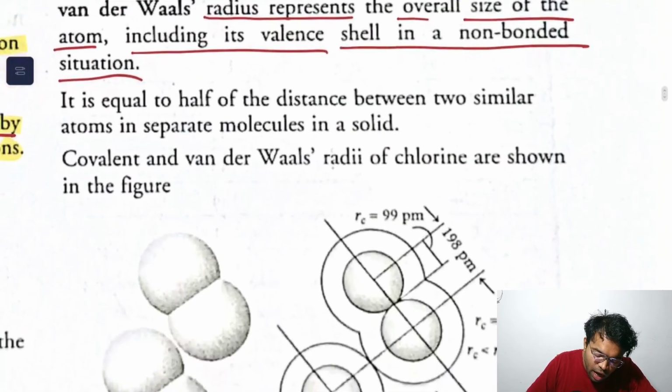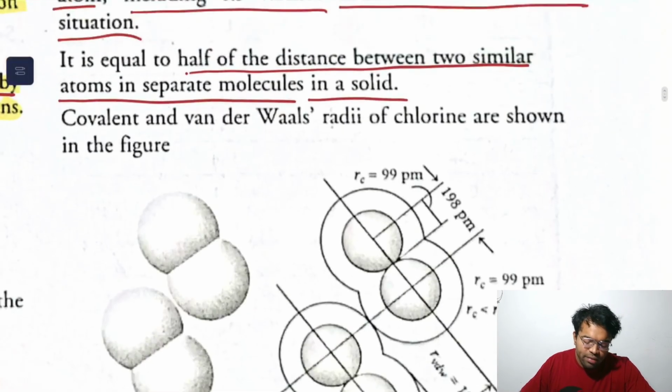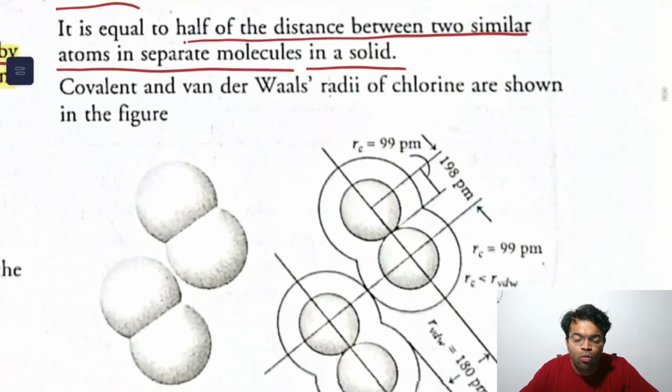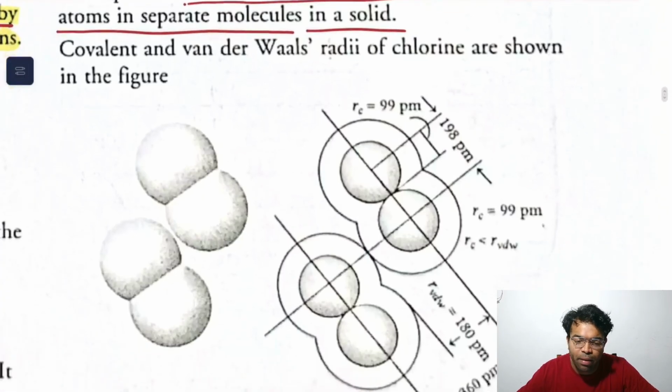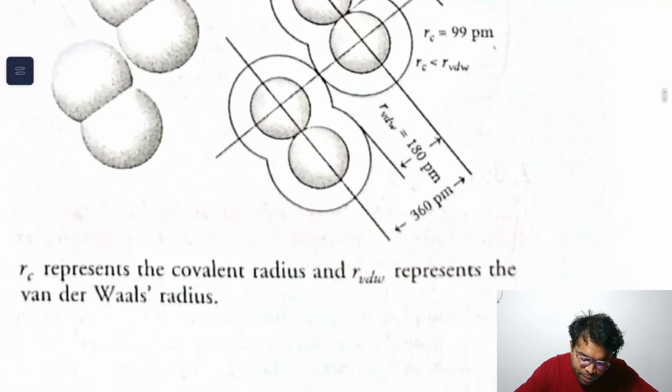It is equal to half the distance between two similar atoms in separate molecules in a solid. Basically, the distance between two similar atoms, that is oxygen on oxygen, in the case of two oxygen molecules separated by a certain distance, is the van der Waals radius. Look at this. This whole thing is called the van der Waals radius.